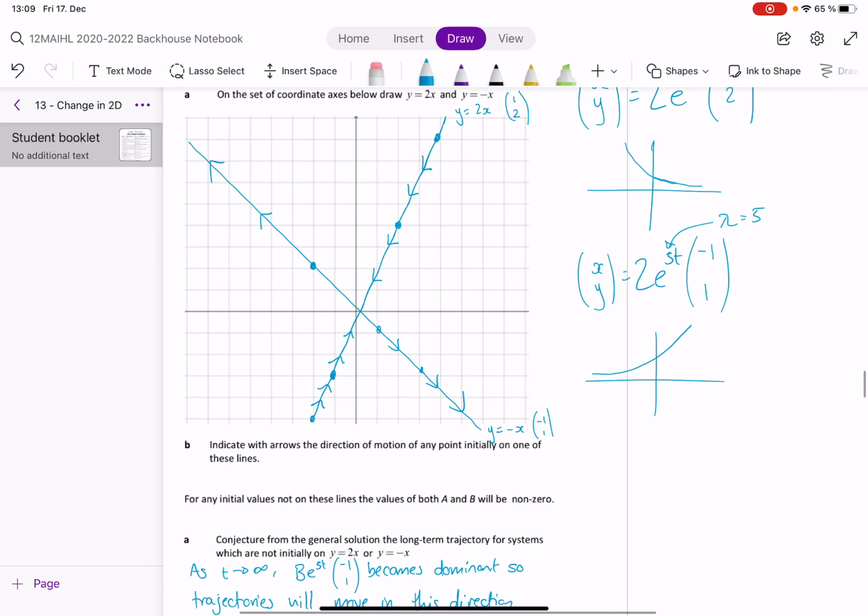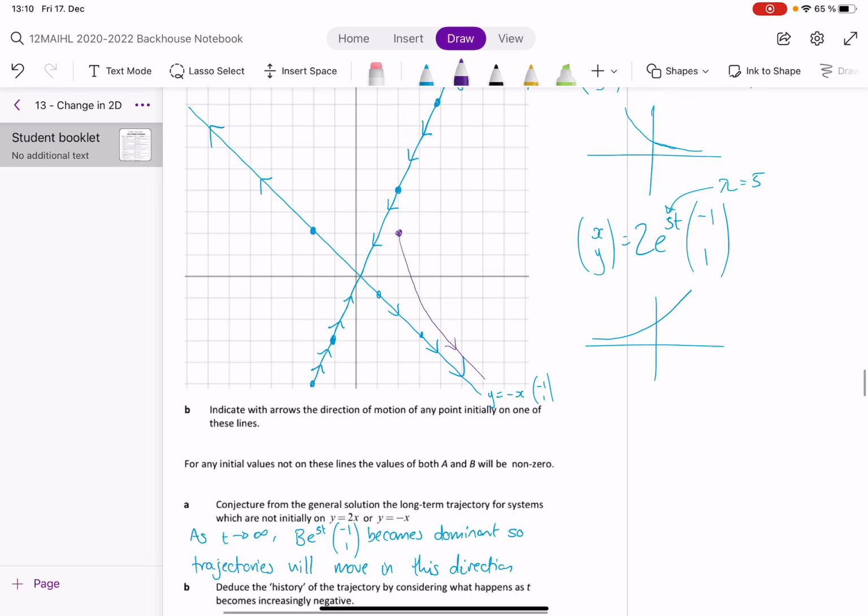So we can start maybe over here. I'll put a point, maybe I should do that in a different colour so it stands out a bit more, at 2, 2. So I'm clearly closer to the other eigenvector at the moment. But what will happen is as t gets bigger, the second part of the solution is going to become more important, and we'll start heading in this same direction as the more dominant eigenvector.